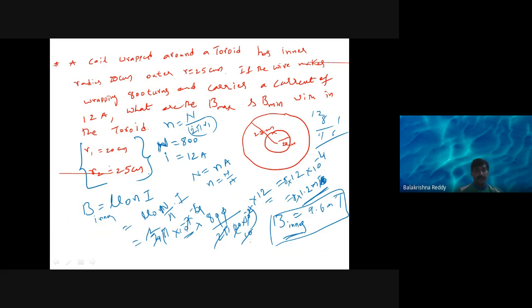Now we can also find the outer one. What is the outer one? The same formula, but we have to use a different radius value, since the number of turns is the same. At the outer surface, B equals mu naught N I by 2 pi R2.